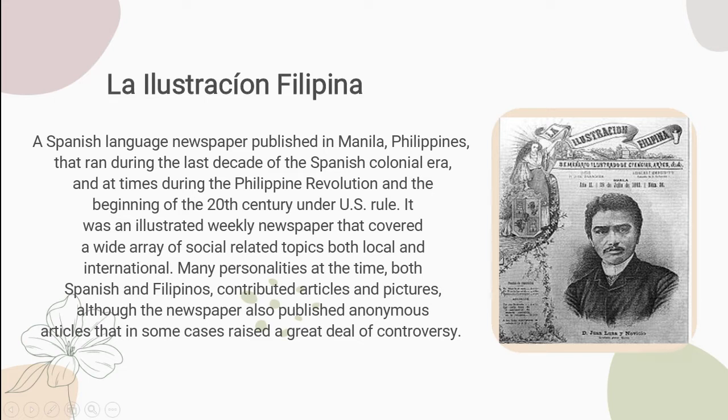It was an illustrated weekly newspaper that covered a wide array of social-related topics, both local and international. Many personalities at that time, both Spanish and Filipinos, contributed articles and pictures, although the newspaper also published anonymous articles that in some cases raised a great deal of controversy.